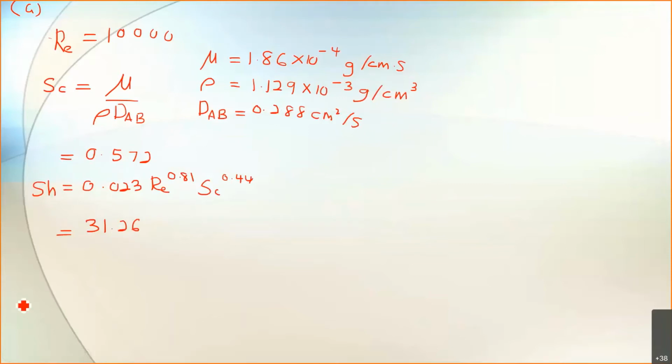Now, from our previous examples, K is equal to Sh times DAB over D. This is the formula for K.